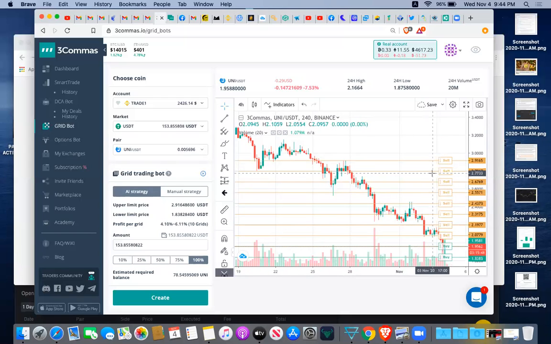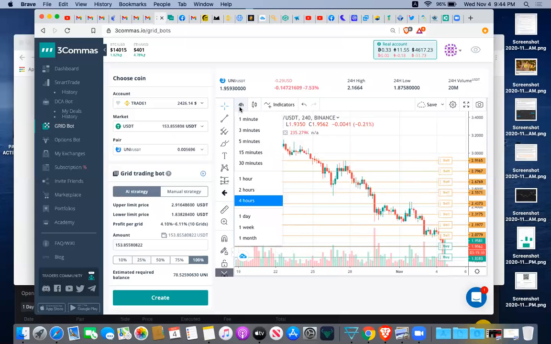So the maximum to go up is about 90 something cents. Let me check the interval in hours. Check day.